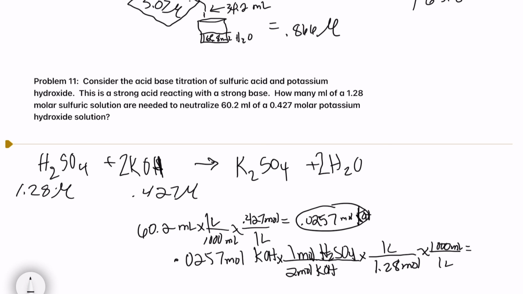Multiply across, divide by the bottom. And remembering only 3 significant figures, I actually got 10.3 milliliters, despite what I wrote there. So hopefully you found this helpful.